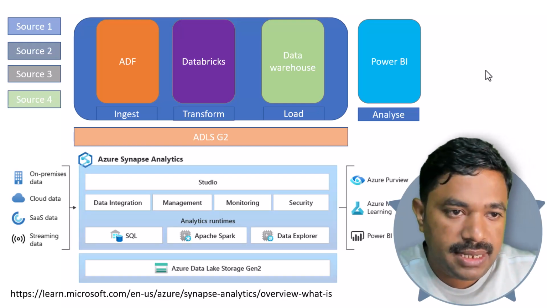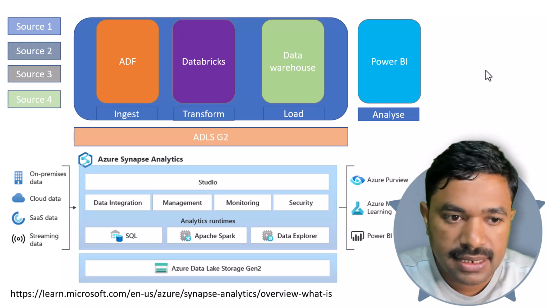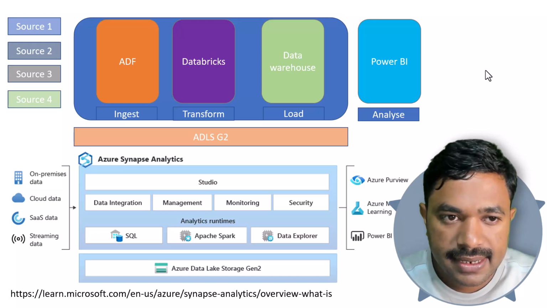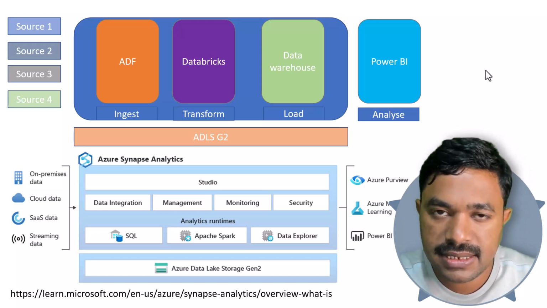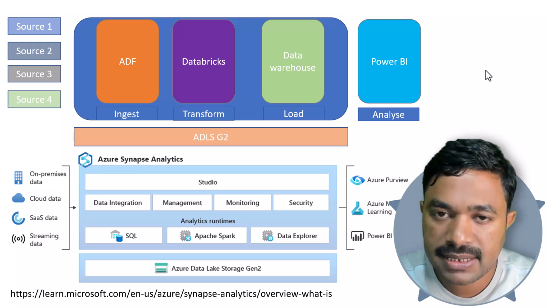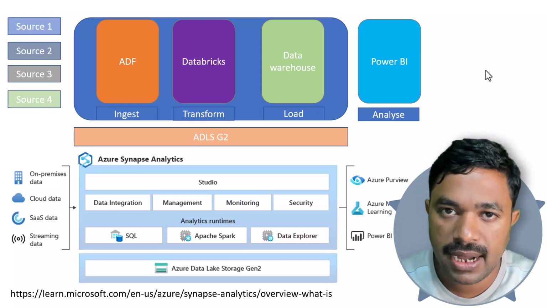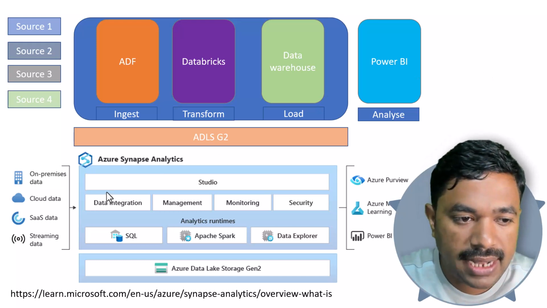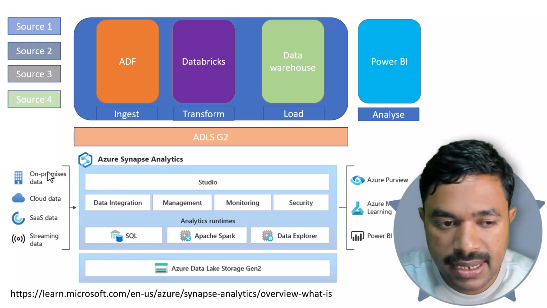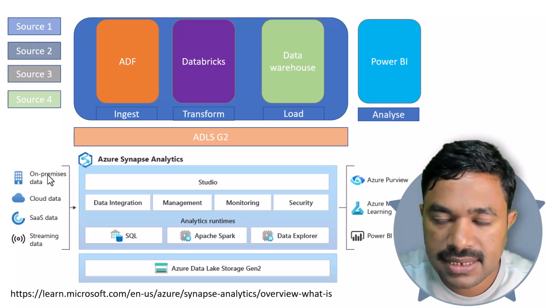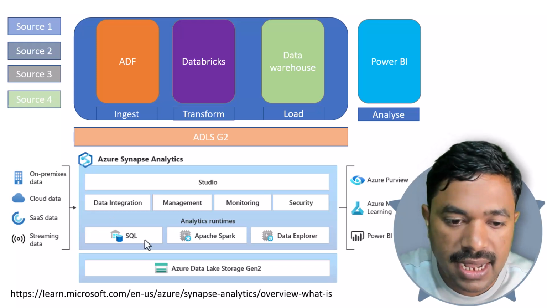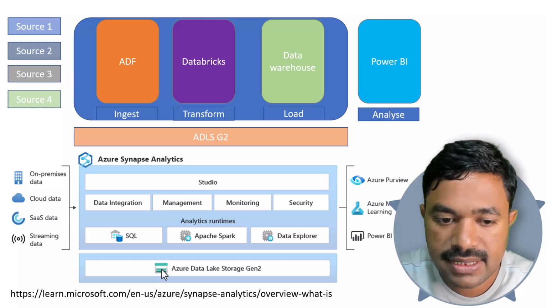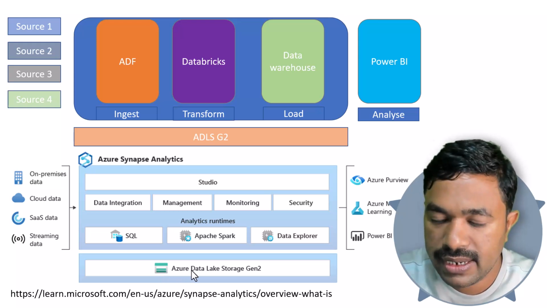You could see, similar to the previous architecture, all the computing parts, instead of Azure Data Factory, Azure Databricks and the data warehouse, we could use Azure Synapse Analytics. This service allows us to access data from all the external sources, and it is integrated with Azure Data Lake.